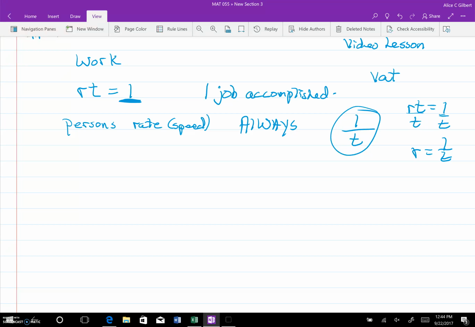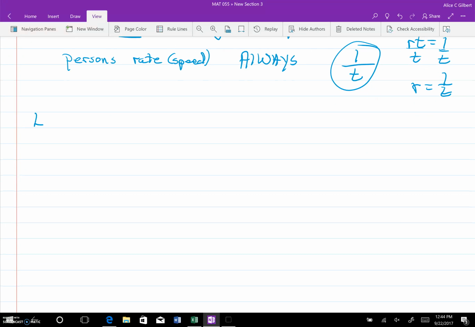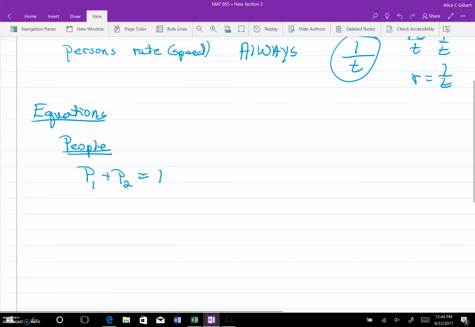Now, when we create our equations for these kinds of problems, if we are working with people, our equation is always person 1 plus person 2 equals the 1 job accomplished. That's how the equation is set up.